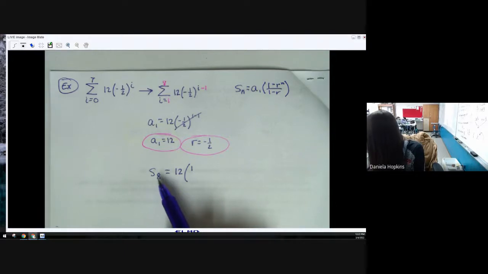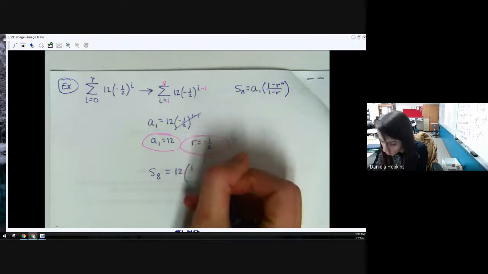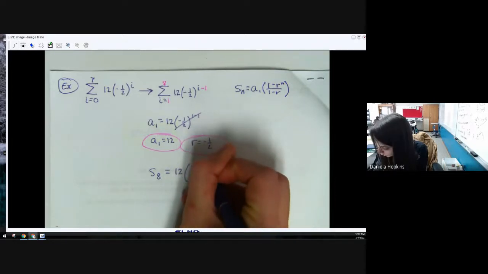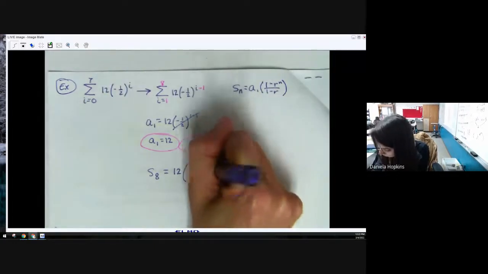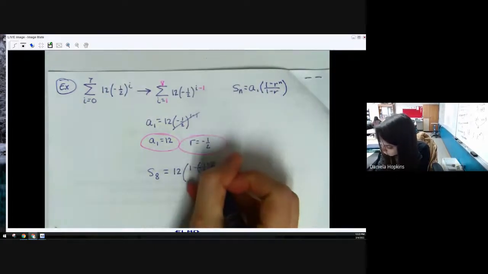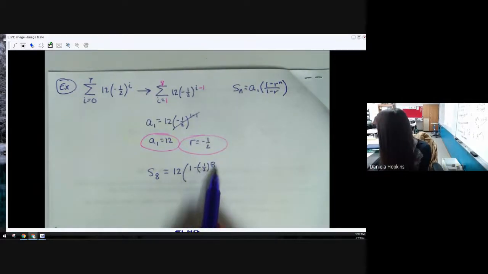What's our calculator going to do? It's going to make it negative. And you don't have to write this, but if I was writing this correctly, it'd be negative 1/2 like this to the, not to the second, sorry, to the 8th. And if we don't put the parentheses in our calculator, it's going to do a negative, and it's going to make the top plus. And I don't want that to happen.